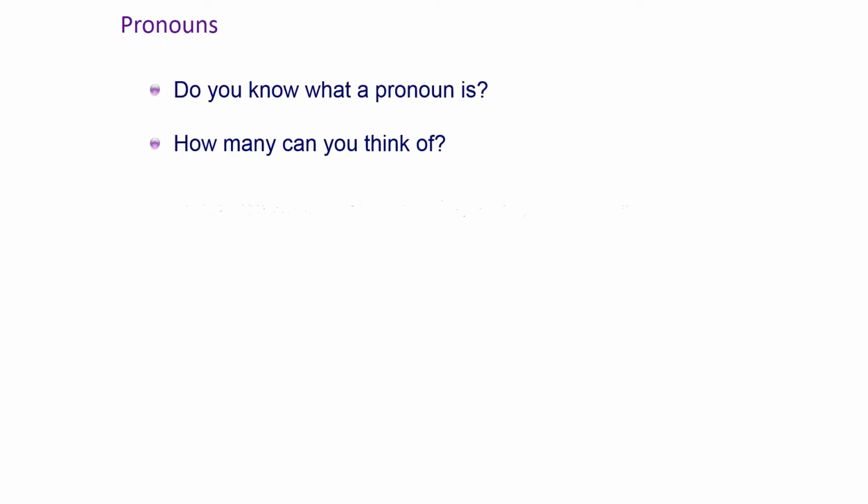Let's look at some pronouns and what they are. A pronoun is a word that is used to replace a noun, and some pronouns that we often use are he, she, it, we, they, us, and you. We also have some possessive ones as well, like their and mine.